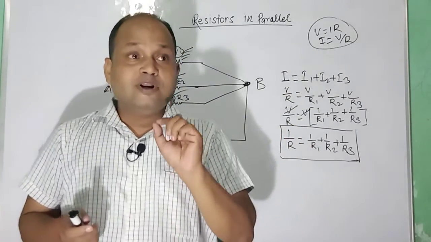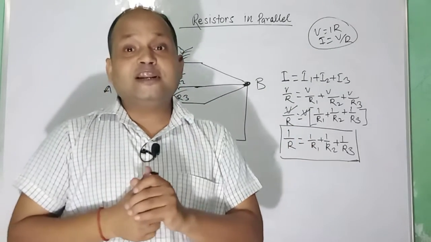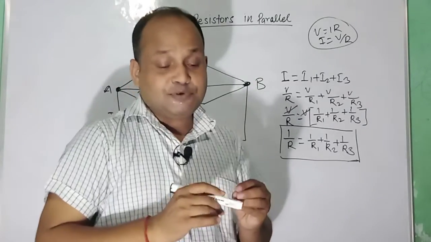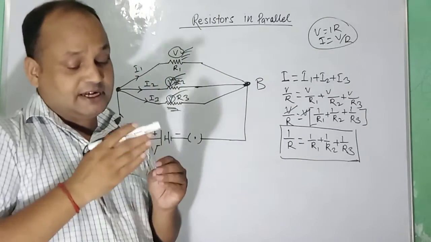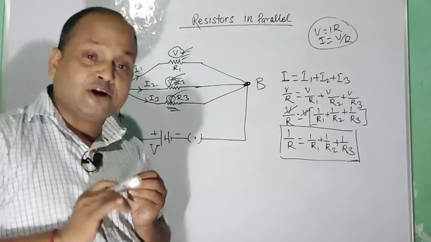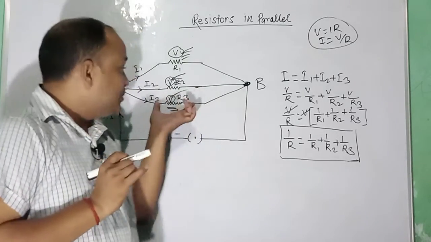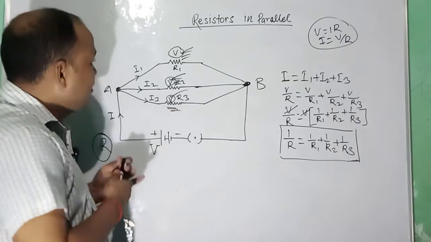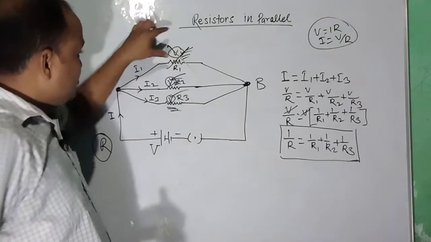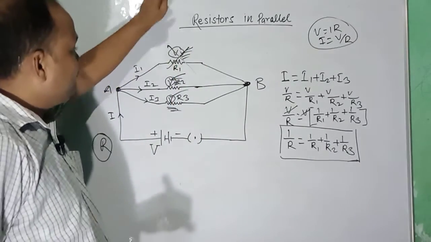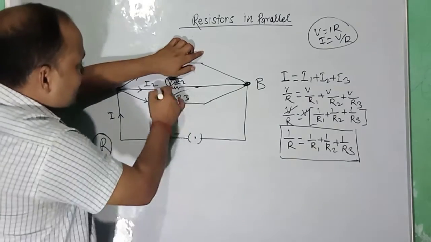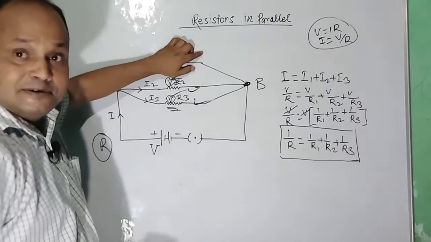If one bulb gets blown out, then the electric current cannot move ahead from that point. But in parallel combination, if this resistor blows off, still these two will work.